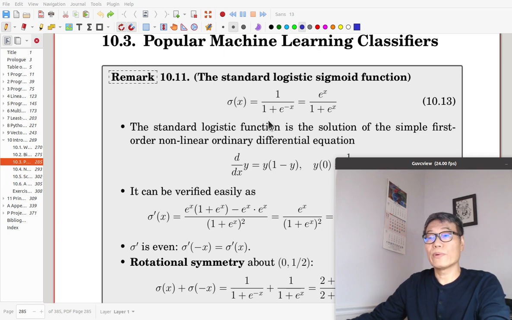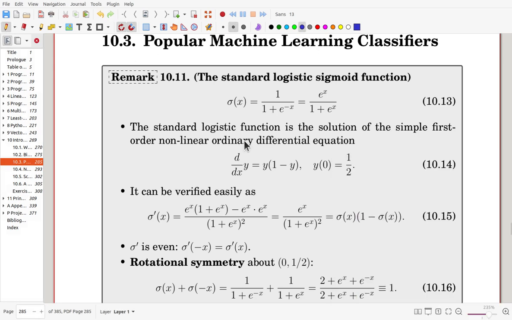It has good properties. It is the solution of this simple nonlinear differential equation. We can verify it easily, sigma prime. Then by using the quotient rule, we reach this one.